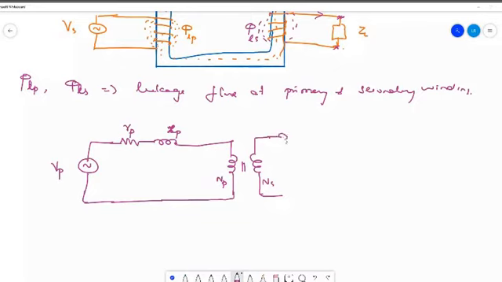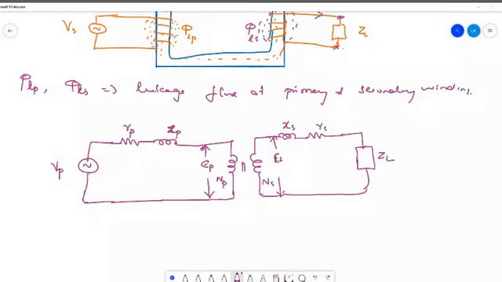Similarly in the secondary winding, the coil has some inductance which I will denote as XS and some resistance RS, which will be connected to the load ZL. Let us say after all these losses, effectively this is the voltage that is appearing here, and then ES is the voltage that is appearing at this end.